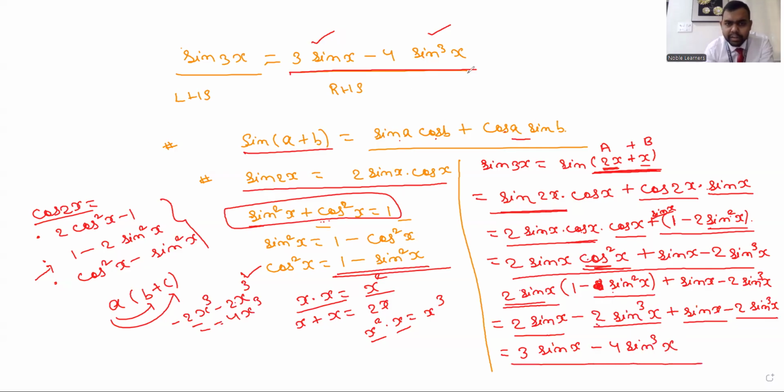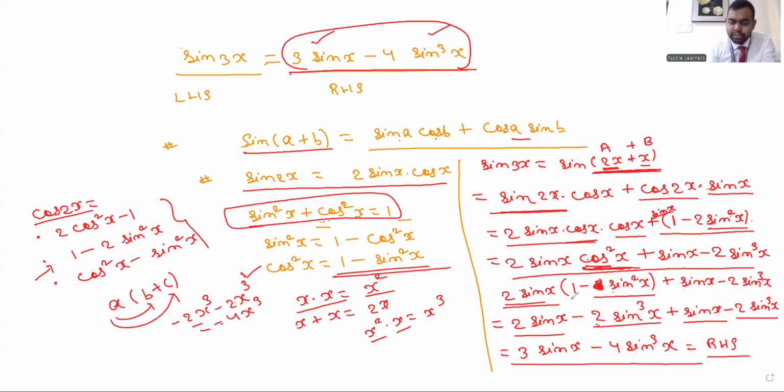If you see very carefully, this is my RHS and this is what I was supposed to prove. So this is your answer. I hope you see this question is really simple if you know the formulas, if you know how to substitute them. And the key over here is you need to always look at your RHS so that you will be able to understand what you need to make at the end. For example, there was a cosine square x, but I knew that I need to make sine everywhere.